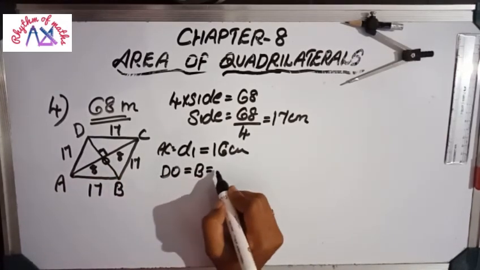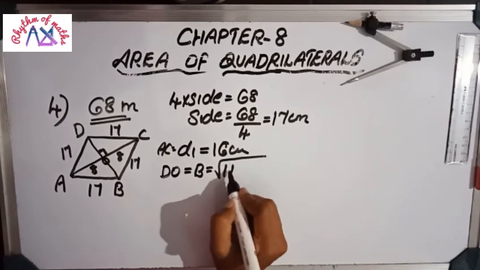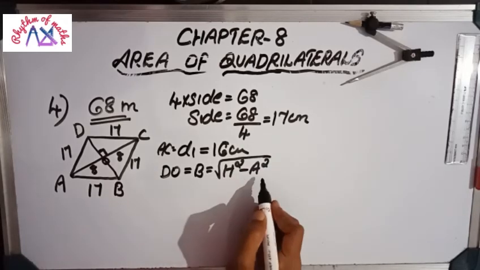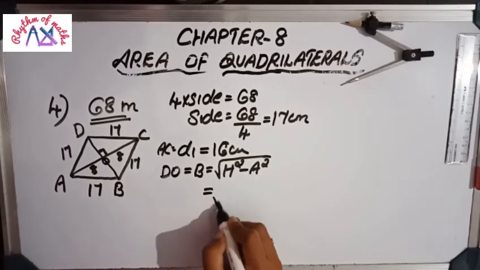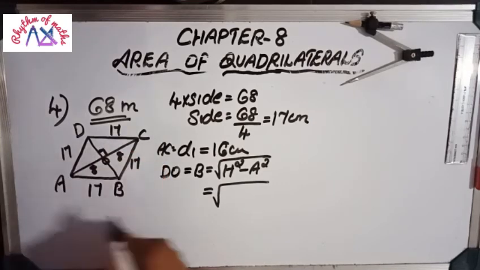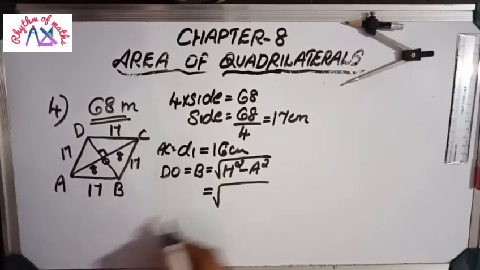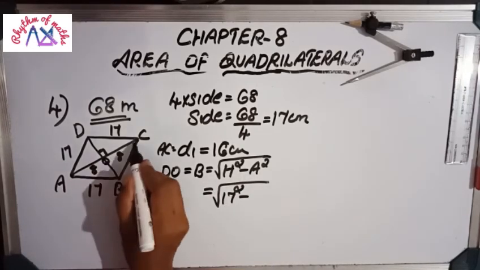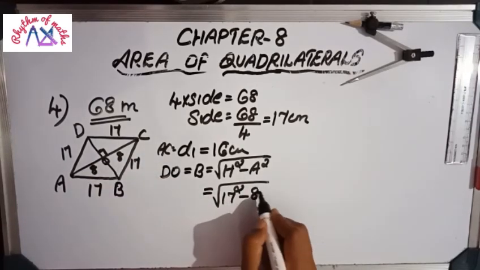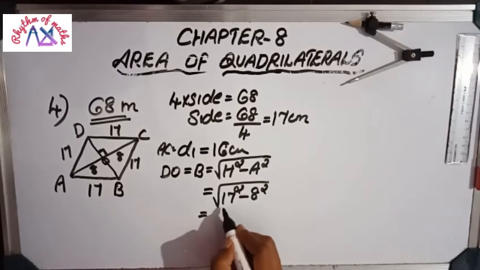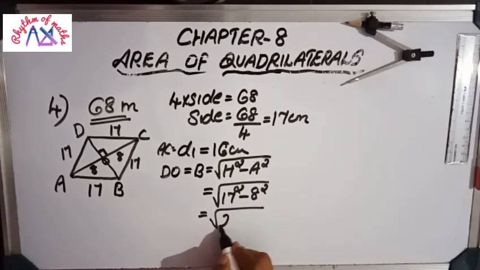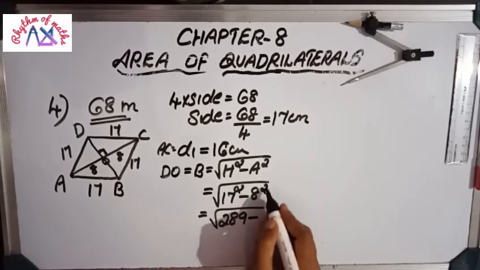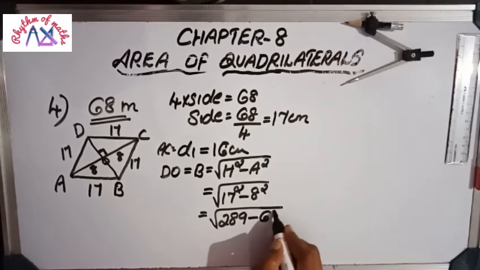Base equation is, by Pythagoras theorem, h square minus a square, hypotenuse square minus altitude square. So here hypotenuse is what? 17. 90 degree opposite is hypotenuse. So 17 square minus altitude, this CO, that is 8 square. Now 17 square is 289, 17 into 17 is 289, minus 8 square. 8 8s are 64.